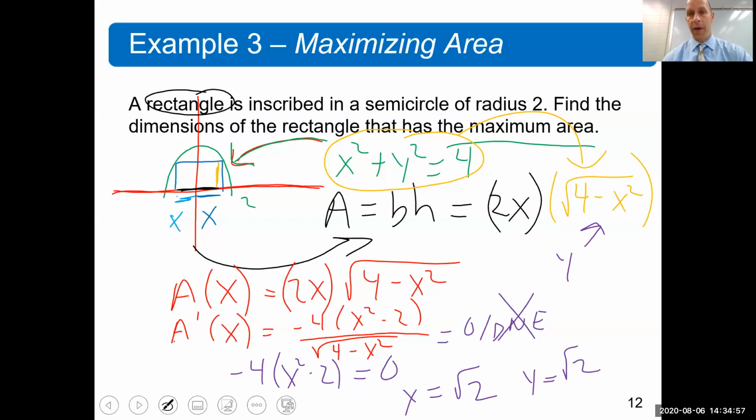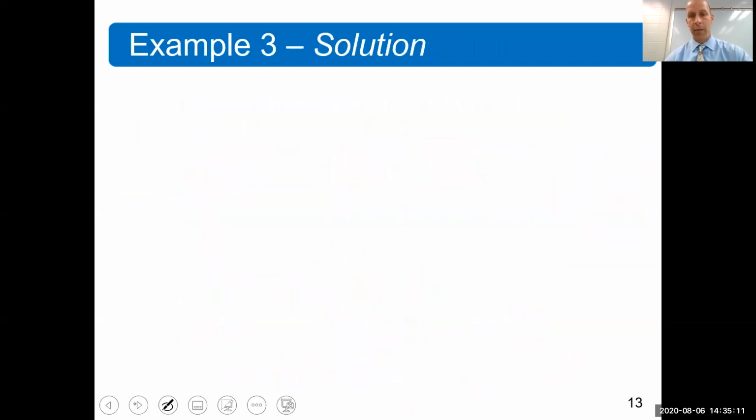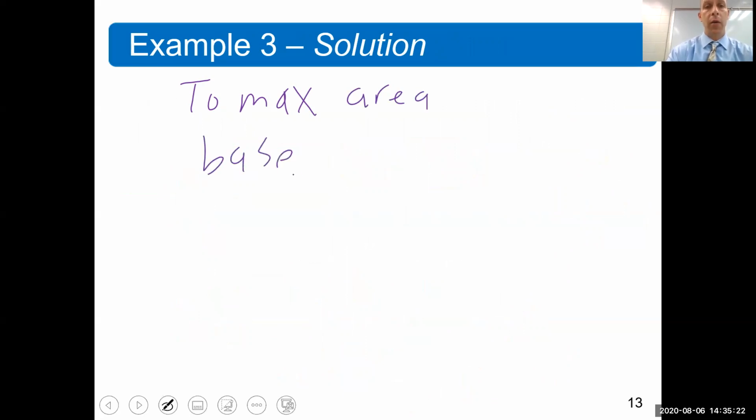Now here's where we've got to be very careful. It says find the dimensions. You might be tempted to say square root of 2, square root of 2, but what are the dimensions of the base? Well, it's not just x, there's 2 x's. So I'm going to go ahead and finish this up. To maximize the area, I'm going to let the base equal 2 times the square root of 2, or 2 radical 2.